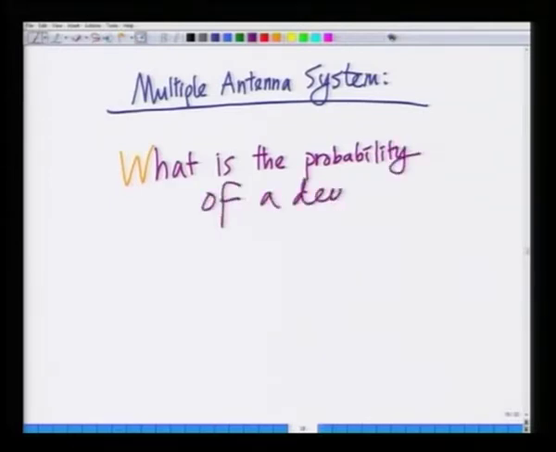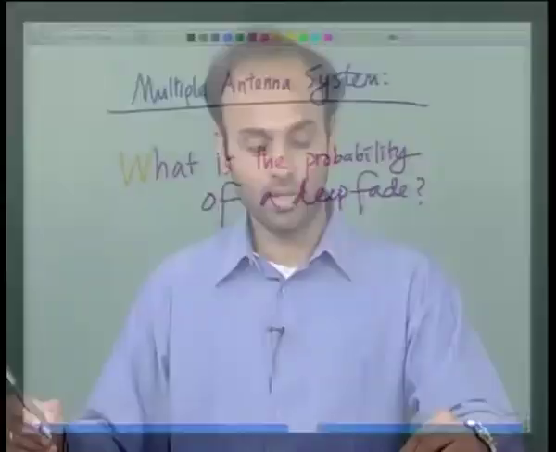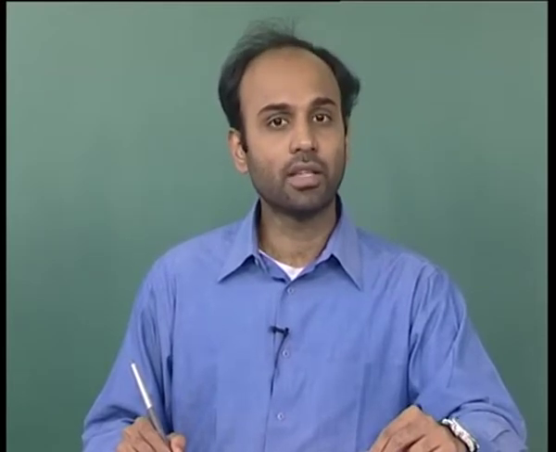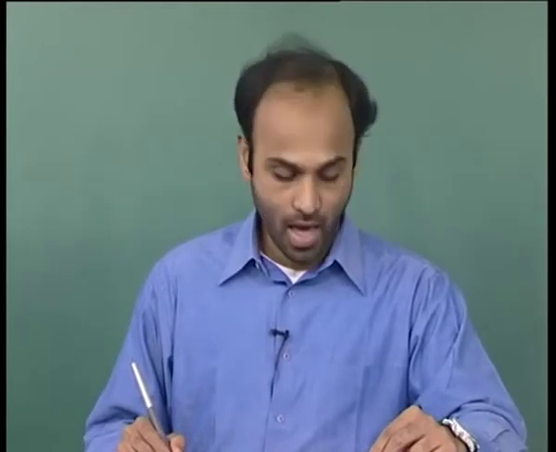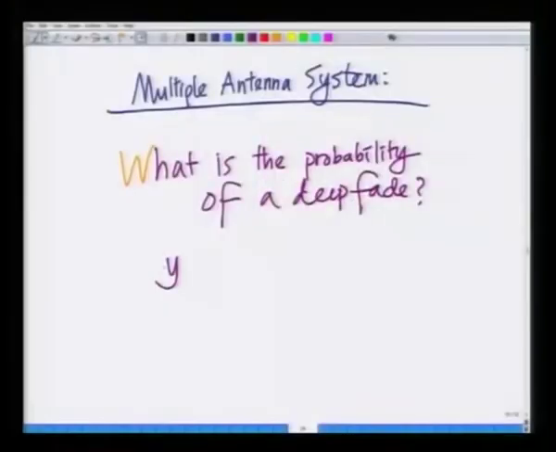In this multiple antenna system, what is the probability that the system is in a deep fade? We said that the system model or the receive system model can be expressed as y bar equals h bar x plus n bar.